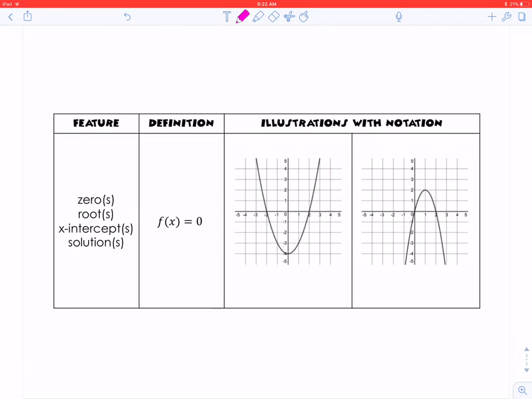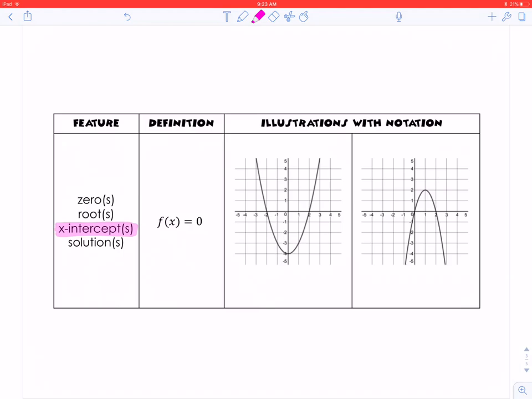You're probably most familiar with x-intercepts. That's something we've been working on all year, and that is probably the term that is the most sensible to you. Now, the way you give your zeros, roots, x-intercepts, or solutions, like the notation itself, could vary.